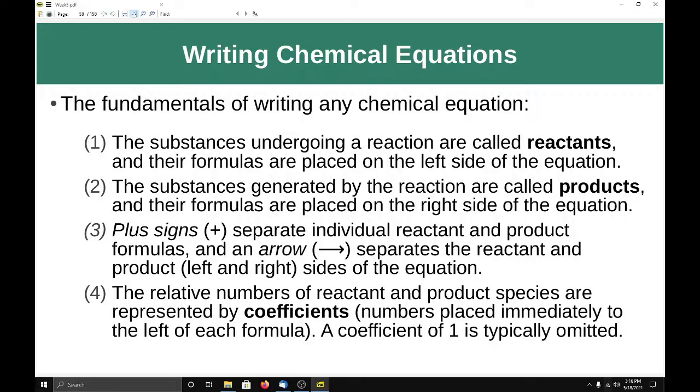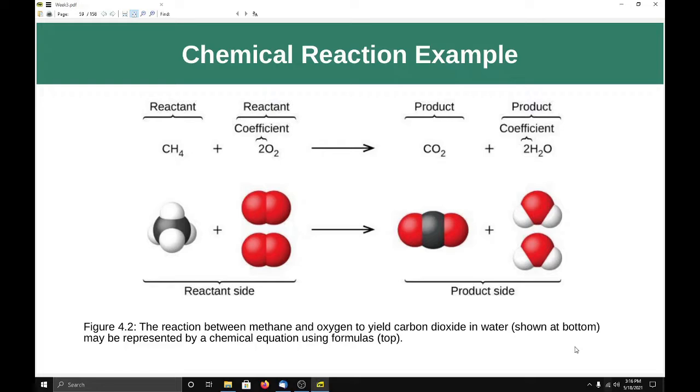The relative numbers of these reactants and products are going to be represented by coefficients, and where we don't see a coefficient, we're going to assume that it is 1. So let's look at an example here. Here we have a carbon with 4 hydrogens attached to it to make a methane molecule. See that we wrote that CH4, where the 4 hydrogens are represented by a subscript.